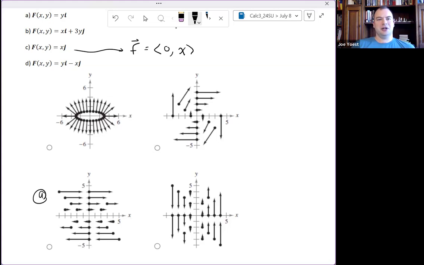We're trying to be careful not to call them the x and y components here, to not conflate things too much, but there's the horizontal and vertical component of the vector, the output, coming into play here as well. So I note here that for example C, the horizontal component is always 0, and of course that eliminates top left, top right, and bottom left.